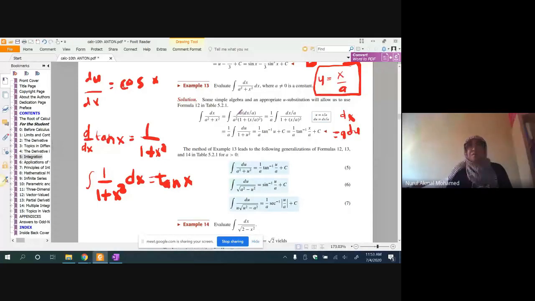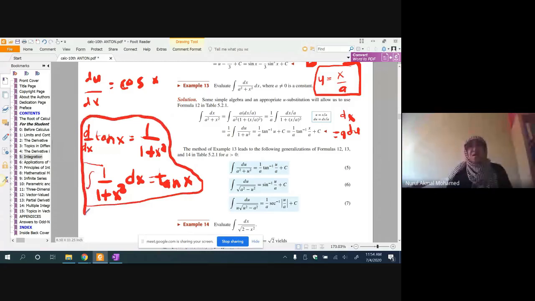You multiply with a. And then you can simplify this, you can integrate this, because you already know this function, this integration.